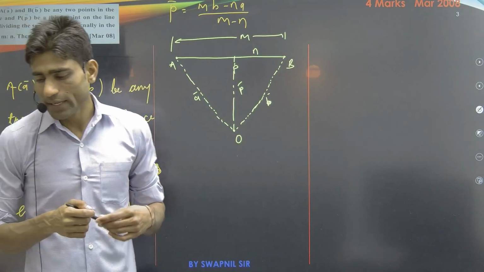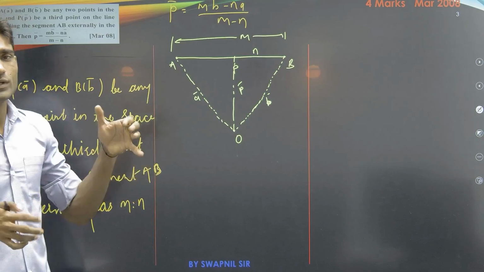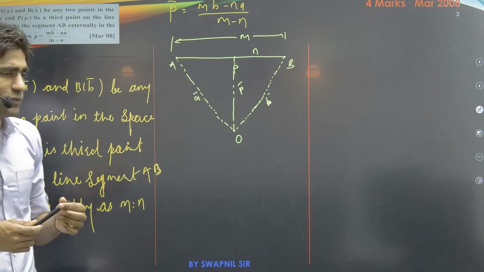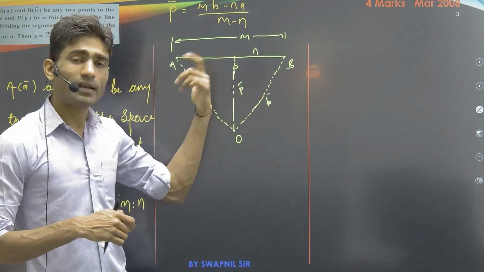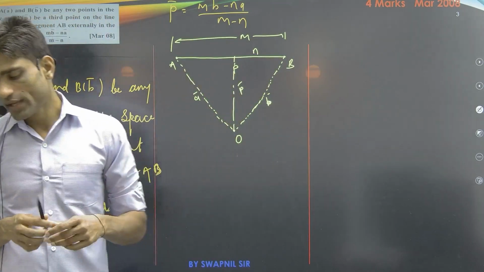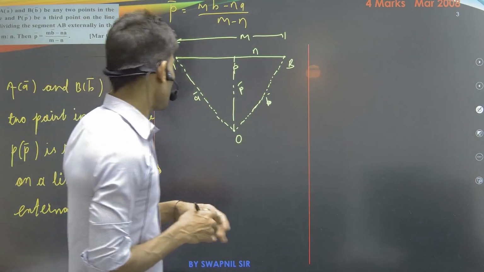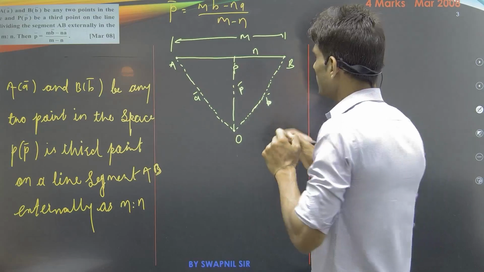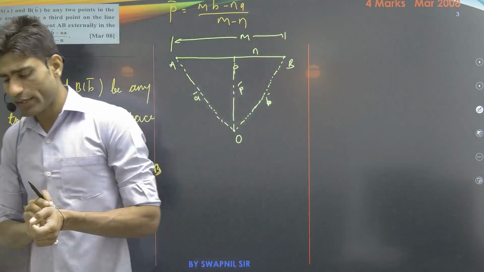So we can write AP divided by PB equal to m divided by n. Once we get the section ratio for their sides, we will directly apply the triangle law for vector addition.